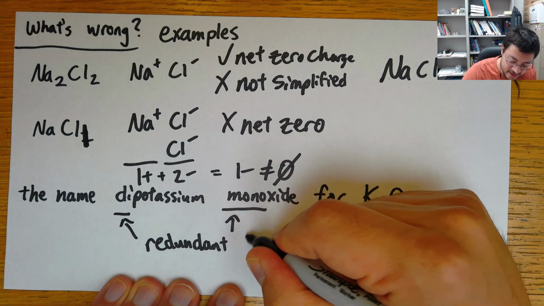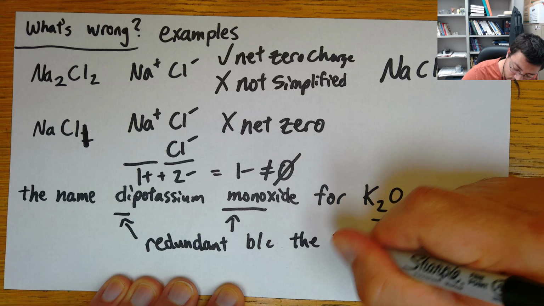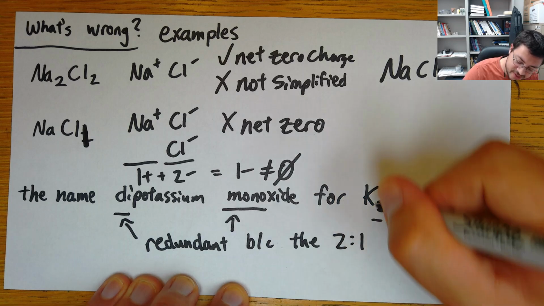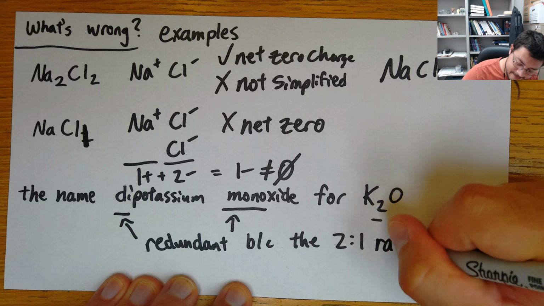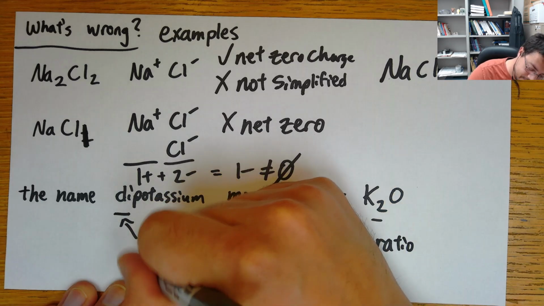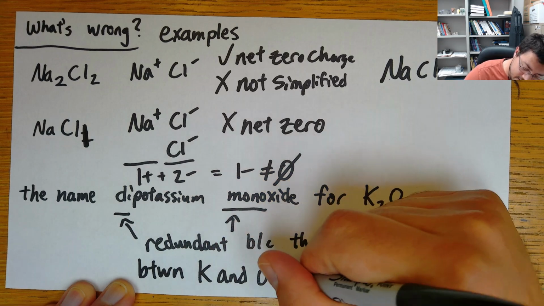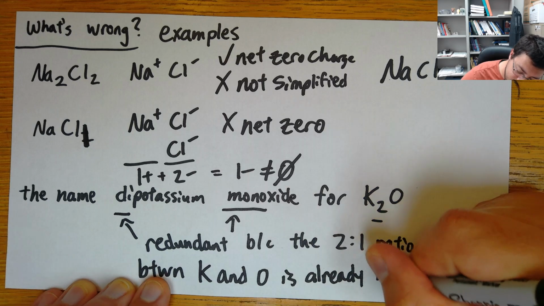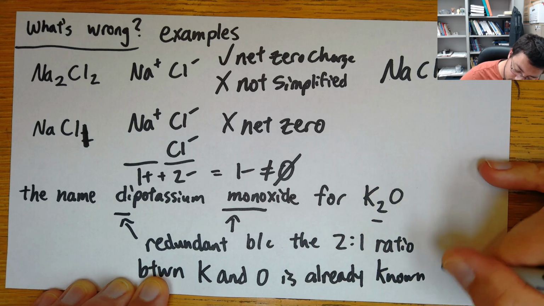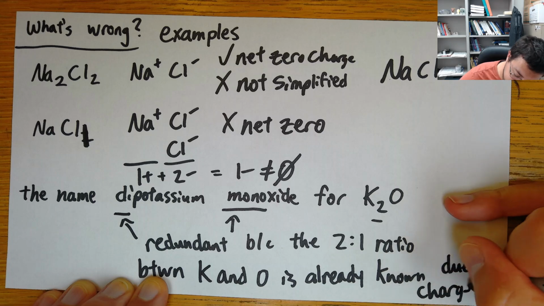Because the 2-to-1 ratio between potassium and oxygen is already known, it's already known due to charges.